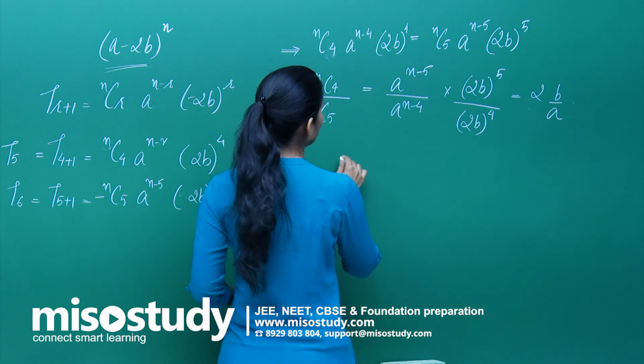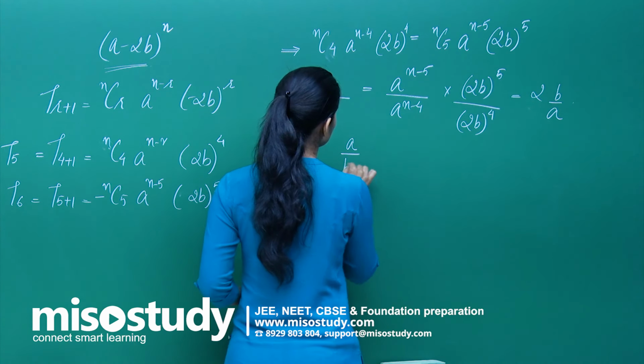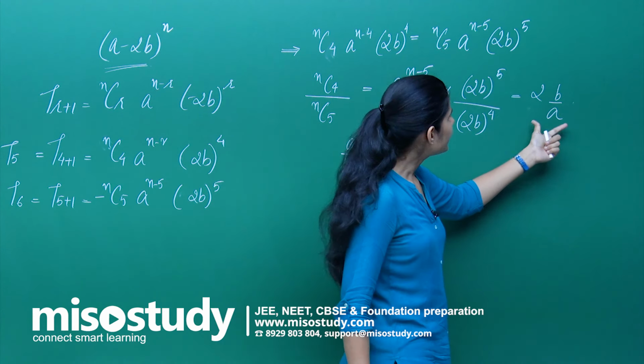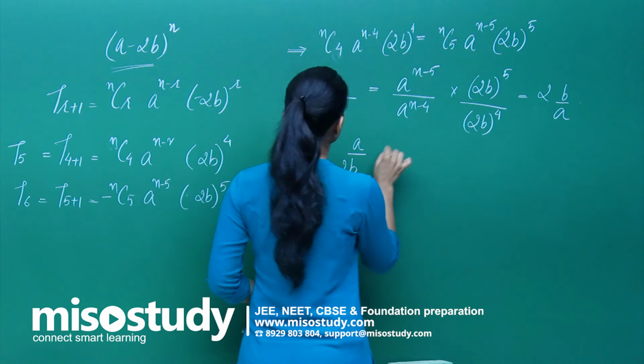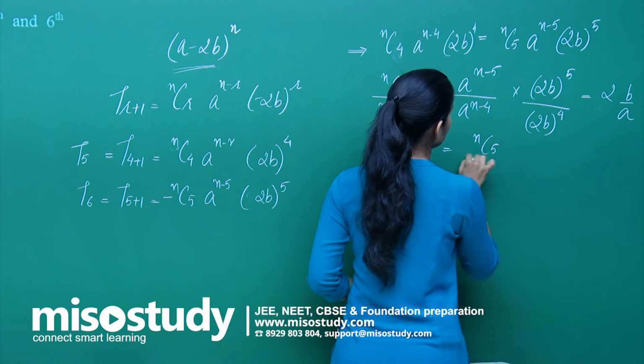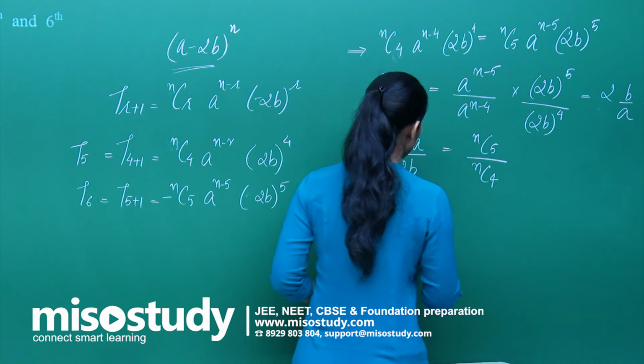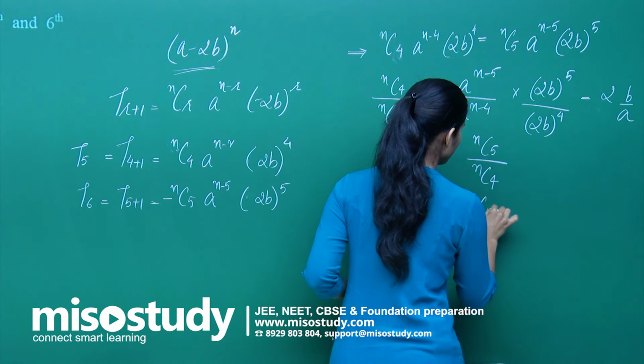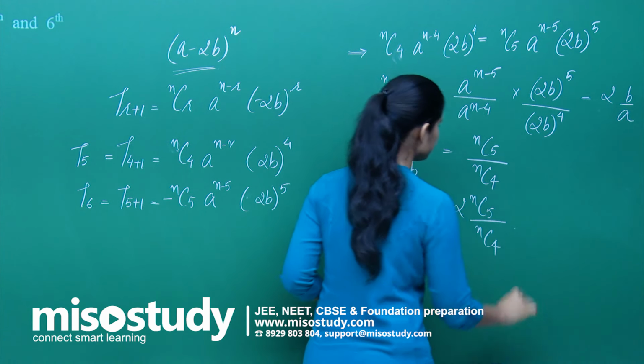So what is a by b? If this is 2 times b by a, then a by 2b will be equal to nC5 upon nC4. So a by b is twice of nC5 by nC4.